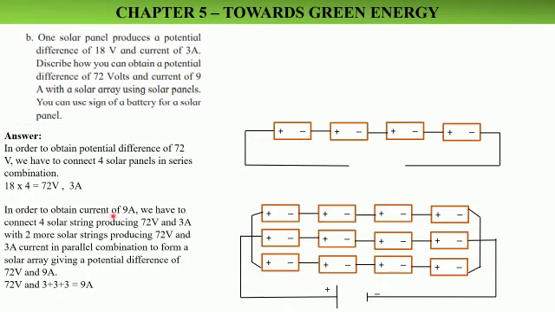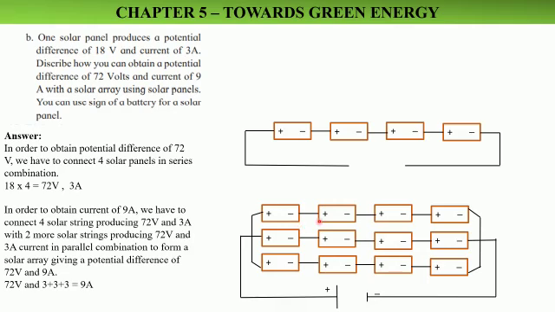In order to obtain current of 9 amperes, we have to connect 4 solar panels producing 72 volts and 3 amperes with 2 more solar strings producing 72 volts and 3 amperes current in parallel combination to form a solar array giving a potential difference of 72 volts and 9 amperes.